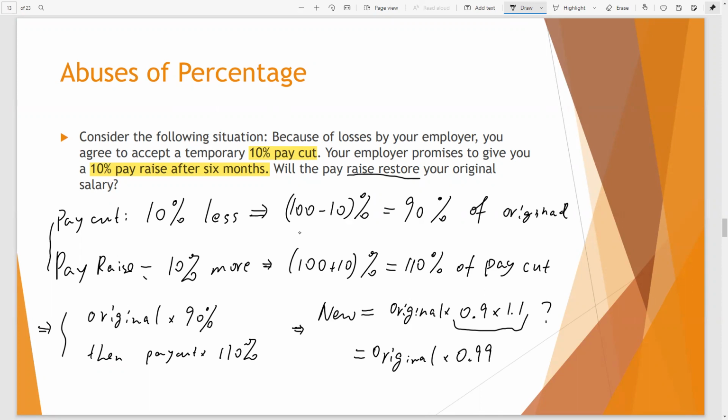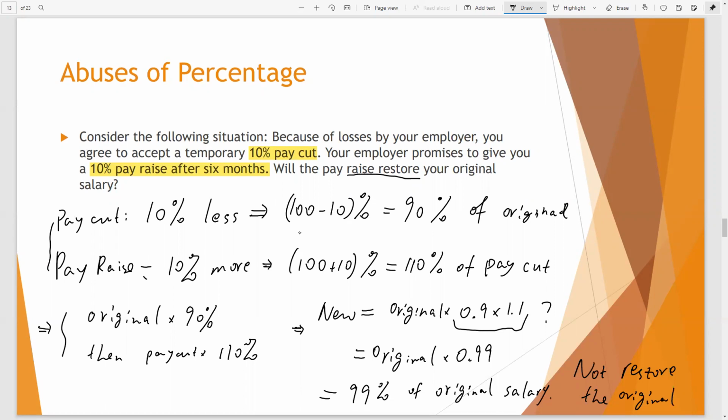What that means is it's 99% of your original salary. Does that raise restore your original salary? No, it does not restore the original. It's actually a cut, a 1% cut of your original salary even after 6 months.